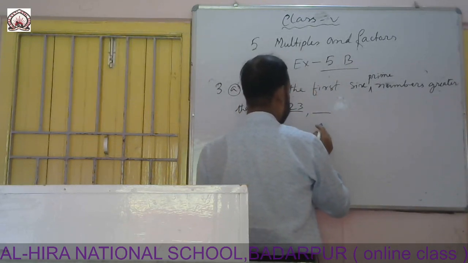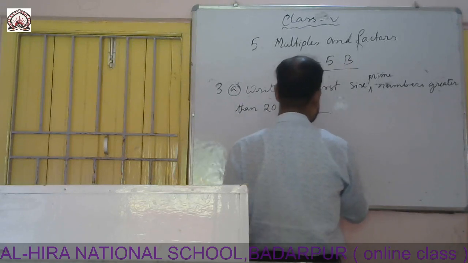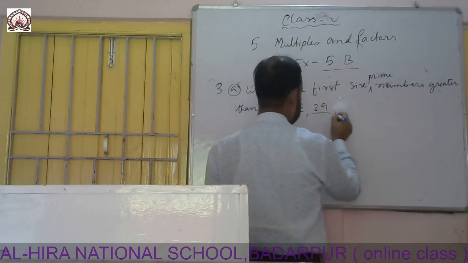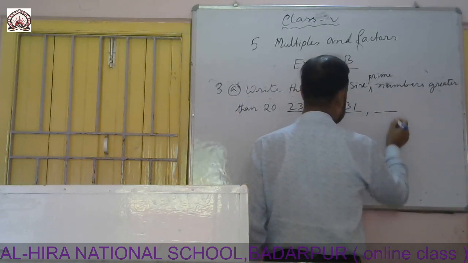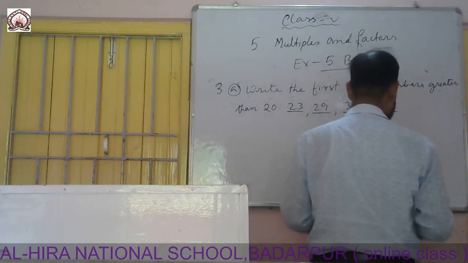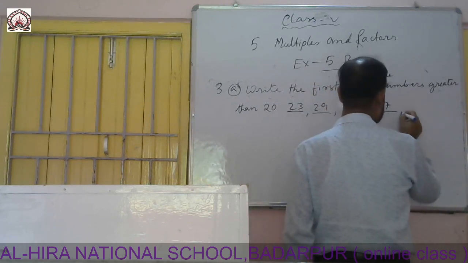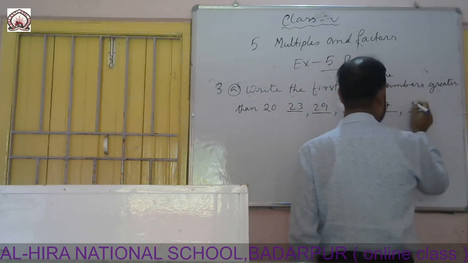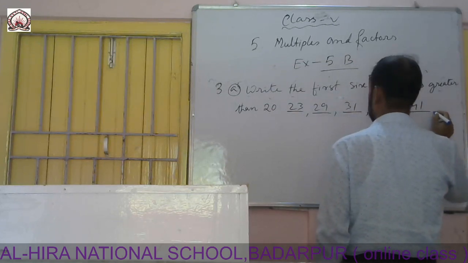Next 25 not, 26 not, 27 not, 29, then 31, then 37, then 41 has only 2 factors.